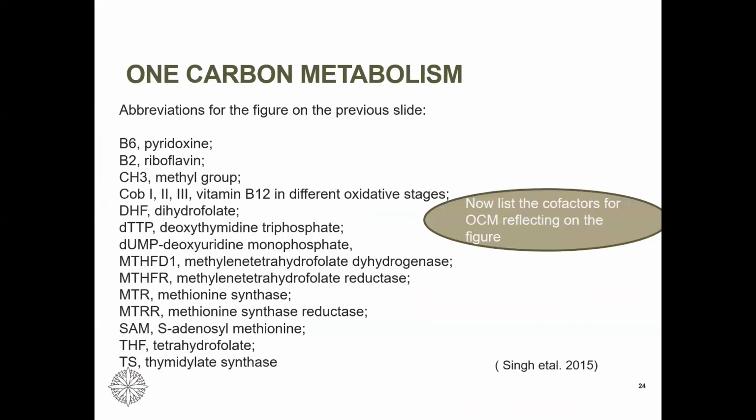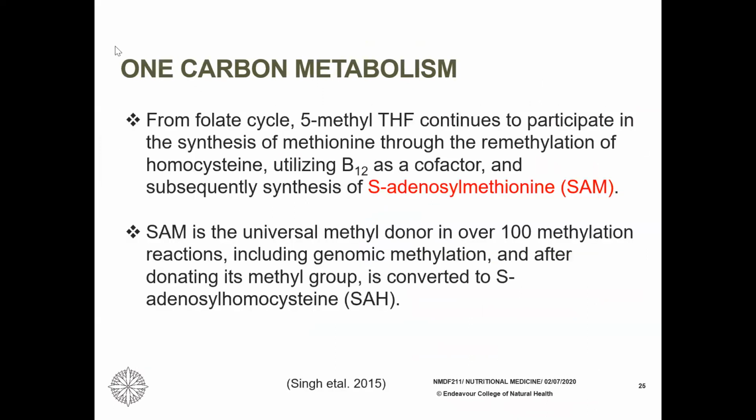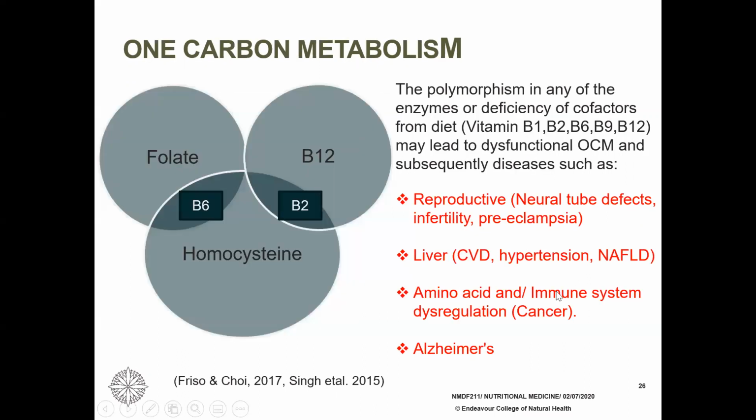Now, why are we reading about one carbon metabolism again? Because SAMe, I think I've talked a lot about SAMe earlier also. So polymorphism in any of the enzymes in this pathway that we studied, and deficiency of any of these vitamin Bs, would end up having a low or suboptimal functioning of OCM.